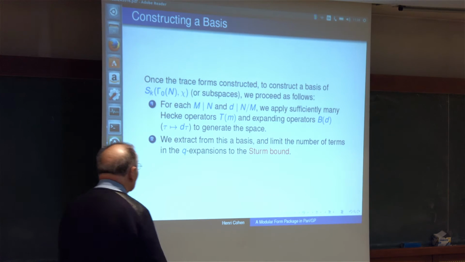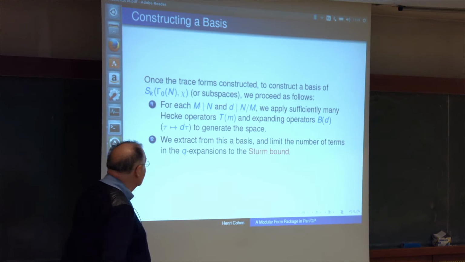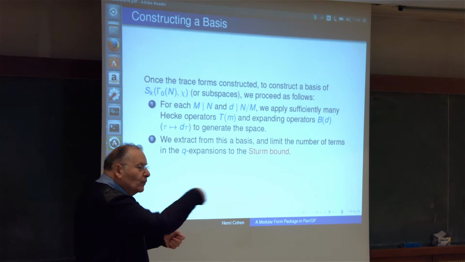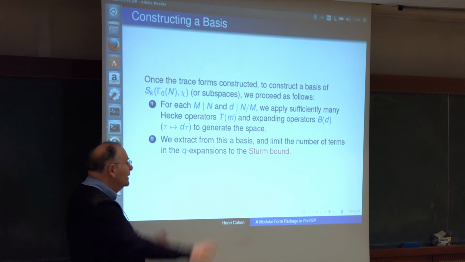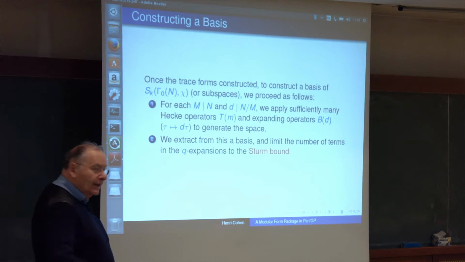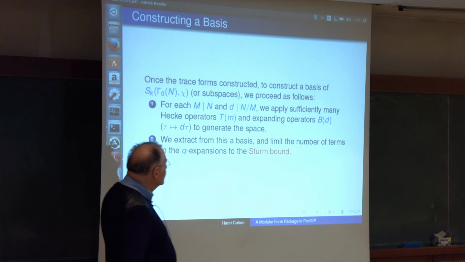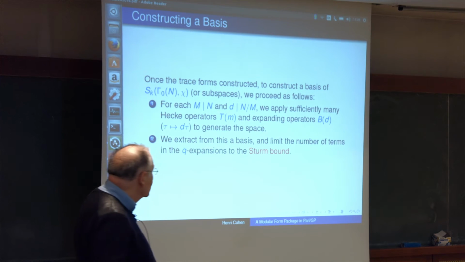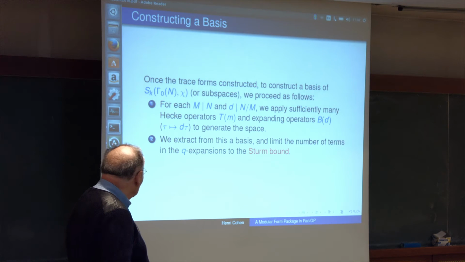And of course, once you have a generating system, you extract from this a basis. In practice, you don't do it like that. You add one form after the other until the dimension is reached. And you can limit the number of terms of the q-expansion that you take by using what's called the Sturm bound, which tells you how many terms you have to take.